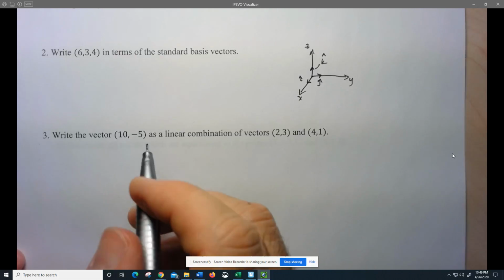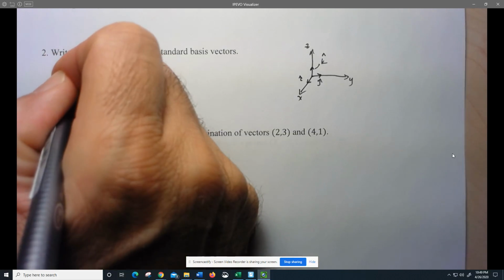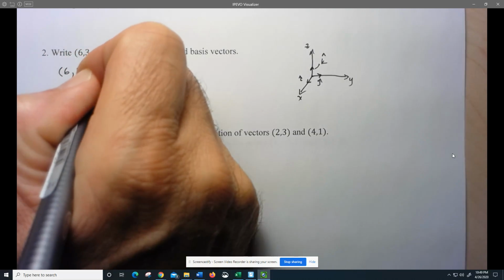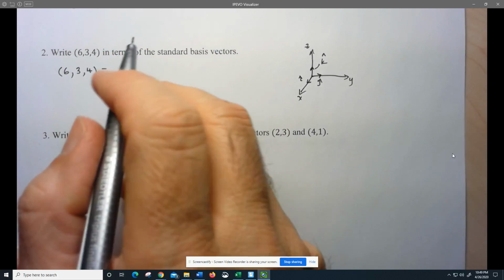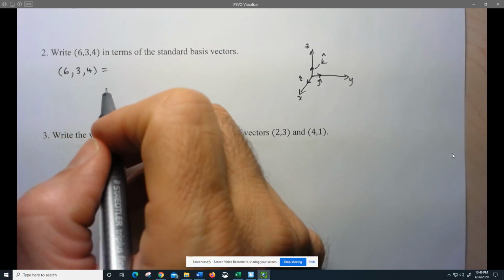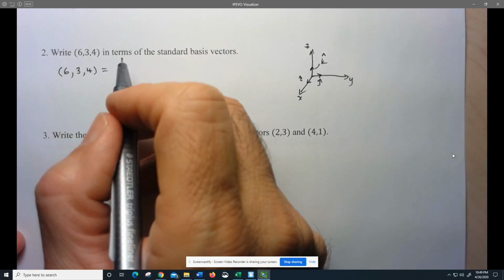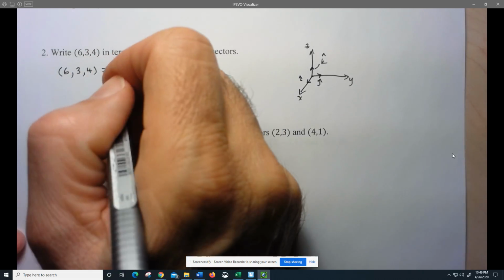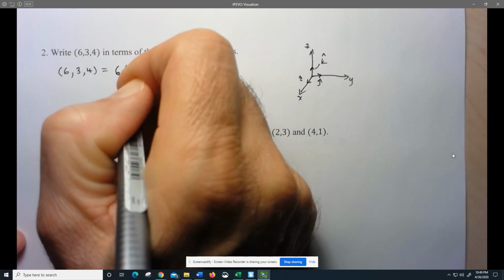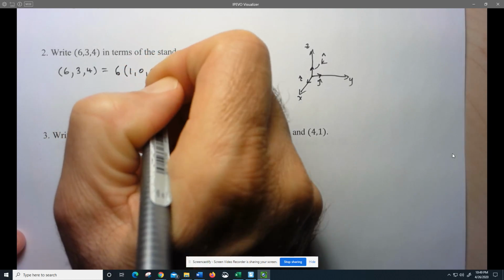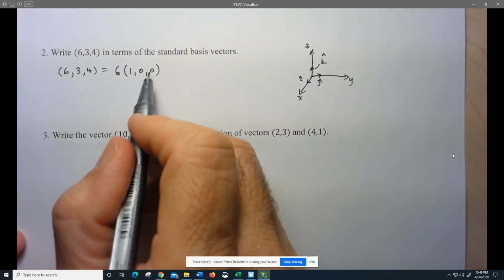All right, so if I want to write that out, normally I wouldn't write this first step, but this is just to make sure we see how it does make sense to write what I'm going to write at the end. So I'm going to write this vector as 6 times the vector 1, 0, 0. So that just gives me 6, 0, 0.